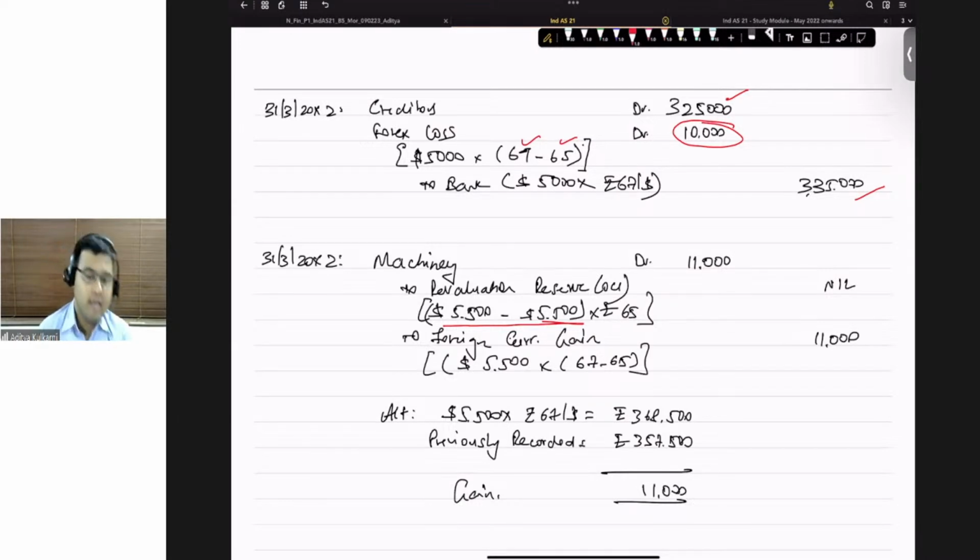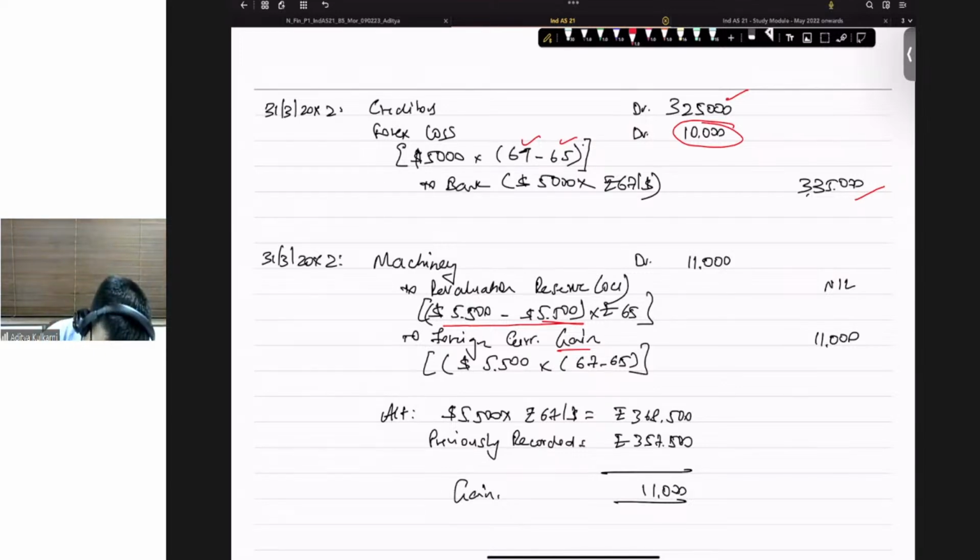Yes. Coming to the last one, to foreign currency gain. See, did I do a revaluation on 31st March X1? Yes. Did I do a revaluation on 31st March X2? Yes. Non-monetary items following fair value for accounting will have to record these items at the rate on the date when the fair valuation was done.